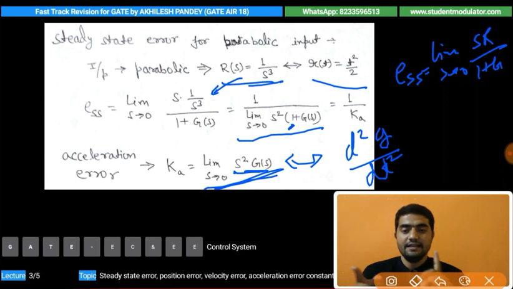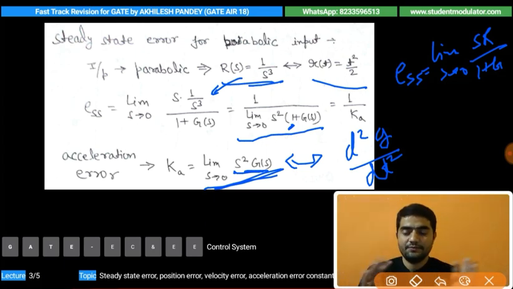So basically, the position error constant defines the steady state value of the gain itself. The velocity error constant defines the steady state value of the differentiation of that gain, and finally the acceleration error constant defines the steady state value of the double differentiation of that gain.